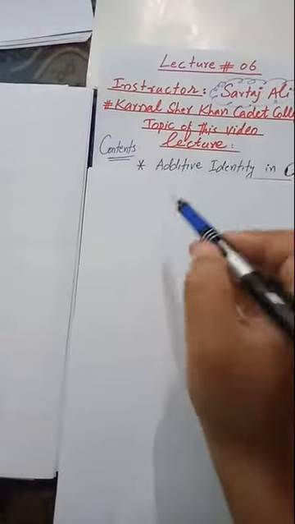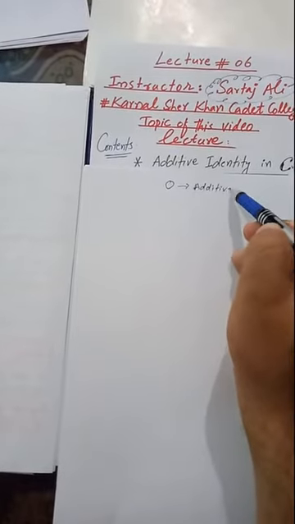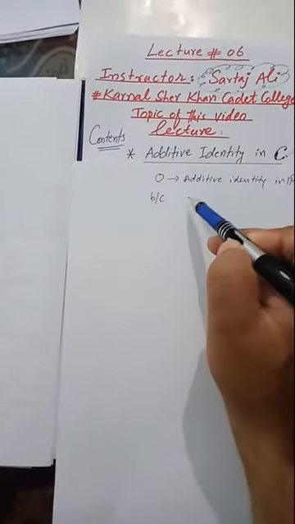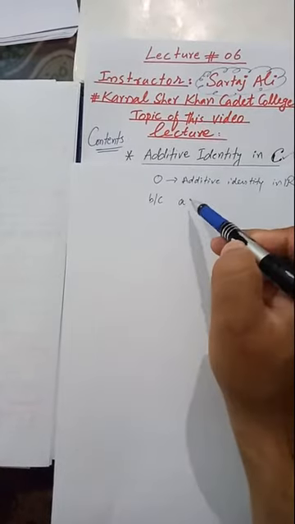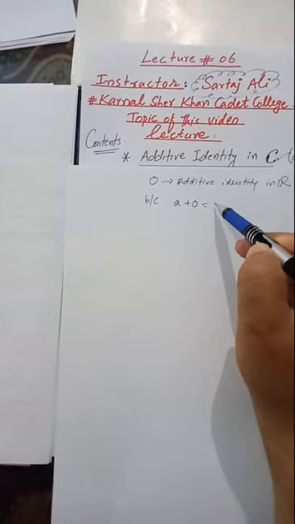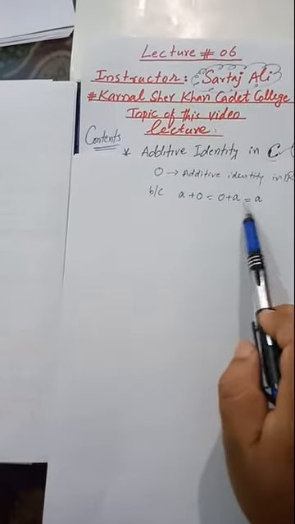So remember that 0, which is a real number, is the additive identity in R, because if you add any real number a to the left of 0, or if you add a to the right of 0, you will get a again. Meaning by adding the additive identity, the number will not change.